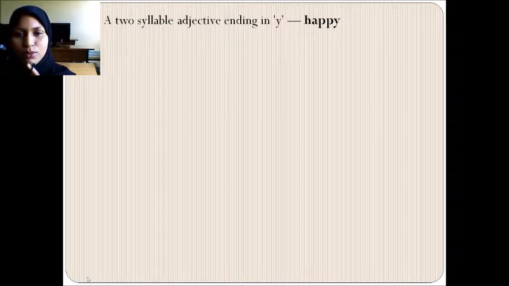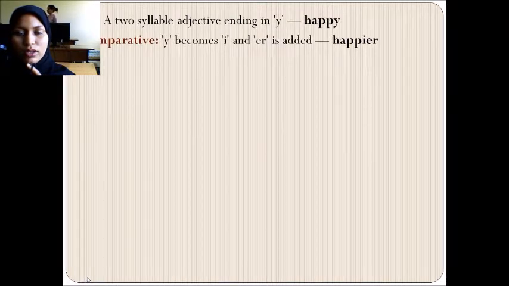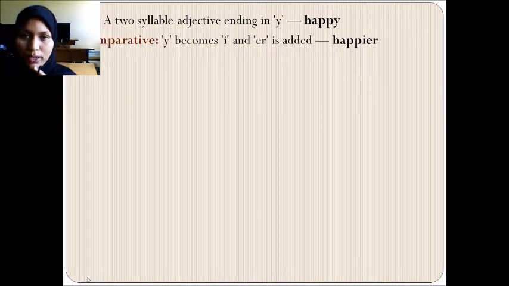For example, the two syllable adjective ending in y, like happy. We have two syllables, hap and py, ending in the letter y. For the comparative, the y becomes i and er is added: happier.